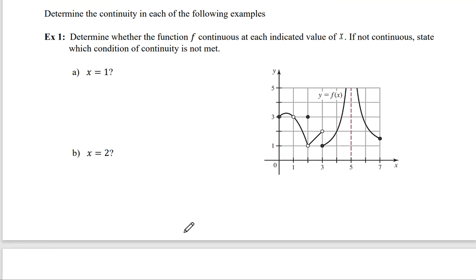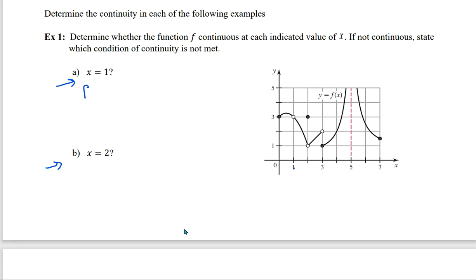Okay, so we're going to go through and determine continuity at each of the following x values listed, using the graph right here. So let me read this more specifically. Determine whether the function f is continuous at each indicated value of x, and if not, state which condition of continuity is not met. So looking at x equals 1, you can see that, first of all, the limit exists, but where's the point?